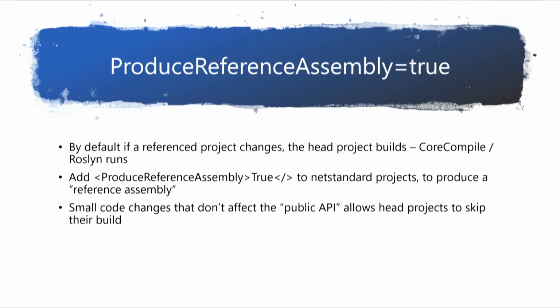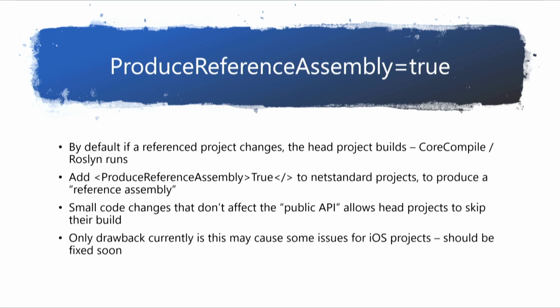And so if you make a small code change, let's say you change your XAML, you add a Console.WriteLine, or you just change a label's text or something like that, that doesn't change the public API of that assembly. And we don't need to rebuild the head project, right? And so this is going to be a huge performance improvement for incremental builds. If you're making small changes, enabling this setting is going to help you.